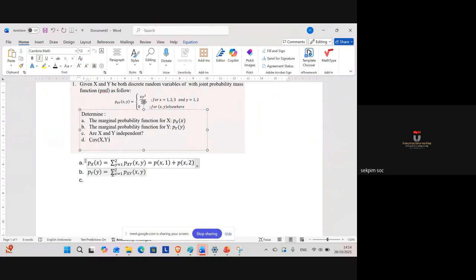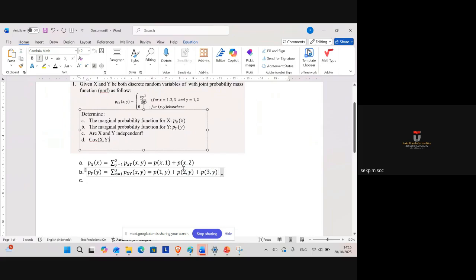For the marginal function of y, since the function is non-zero for x from 1 to 3, we take the summation for x equal to 1, 2, 3, keeping y.